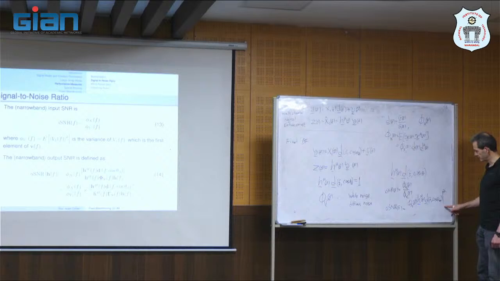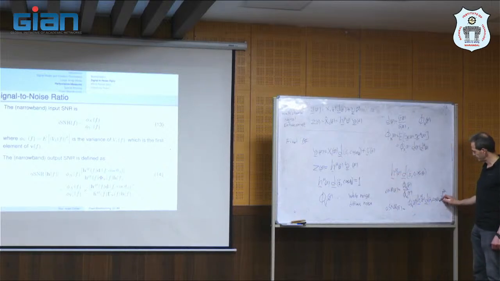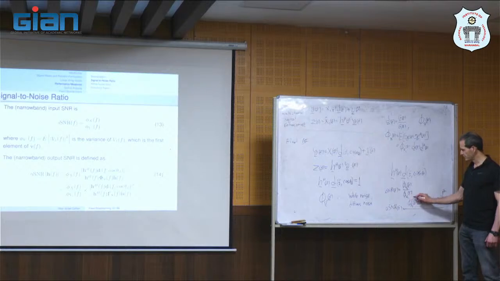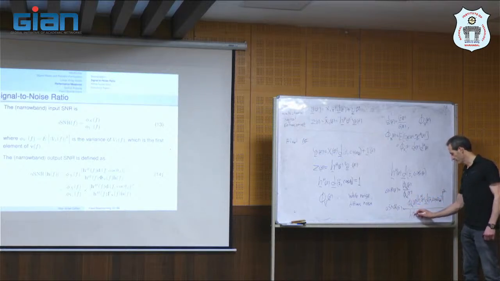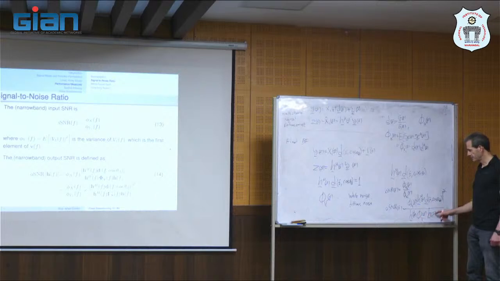This is the variance of the desired signal at the output of the beamformer. You see I put here theta d. It is divided by the variance of the noise, which is H phi_vv H^H. Okay, this is the output SNR.